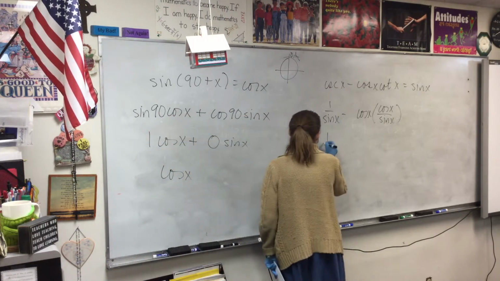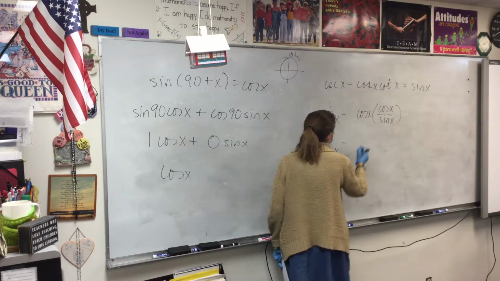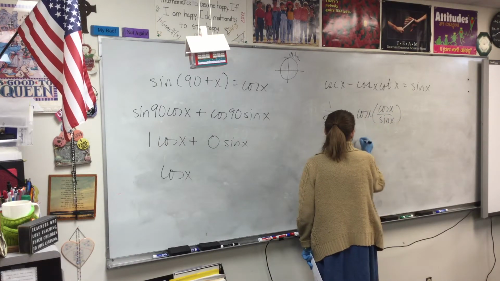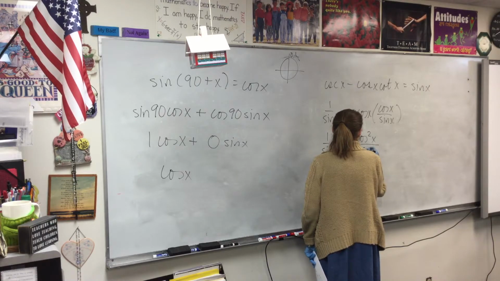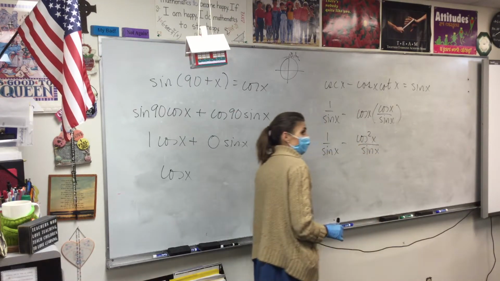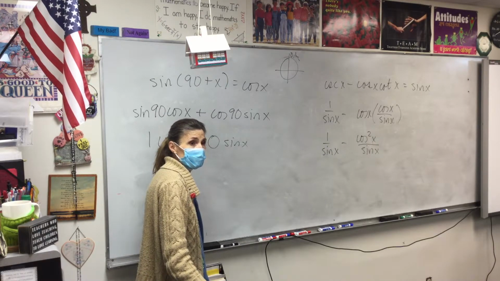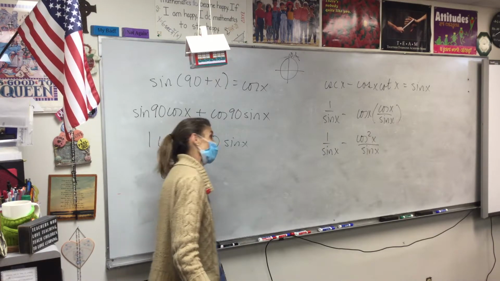So I've got 1 over sine minus, what's this? You've got to multiply this together. What does that become? Cosine squared over sine. Now normally at this point you'd need to get a common denominator, but you already have one.